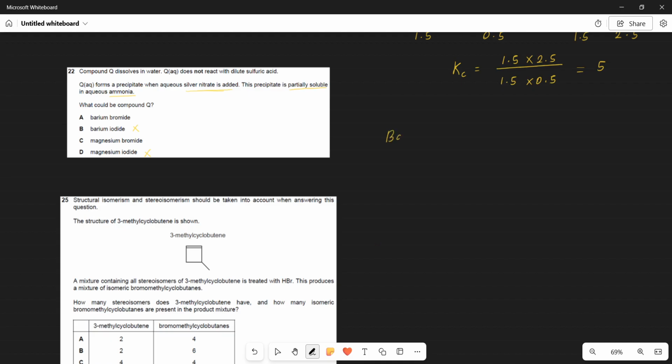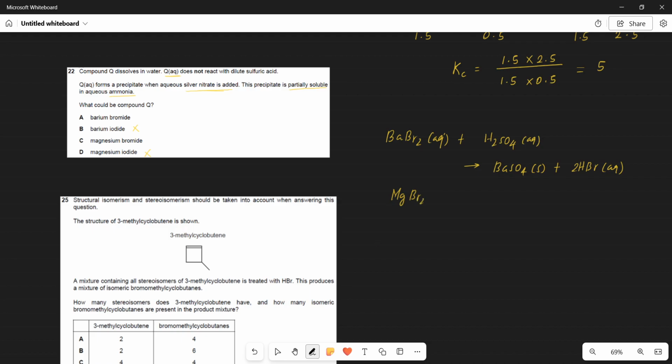When I consider barium bromide, it is aqueous, plus they are saying Q aqueous, okay, and you are using dilute sulfuric acid, which will give you barium sulfate solid, and you will get hydrogen bromide aqueous. So you get a precipitate.